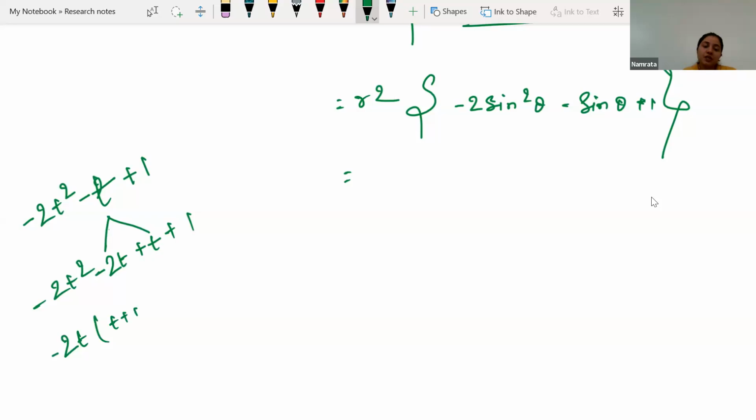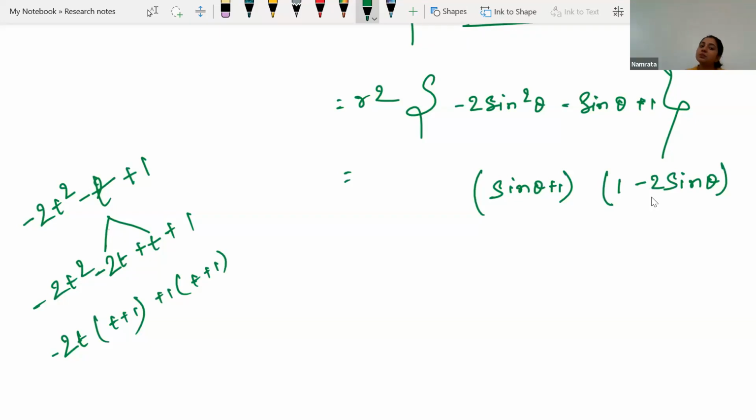Here we'll have t plus 1, and here we'll have plus 1, t plus 1. So we got t plus 1 and minus 2t plus 1. Since t is sine theta, we got sine theta plus 1 and also 1 minus 2 sine theta. Outside, R square is there. Are you getting this step?